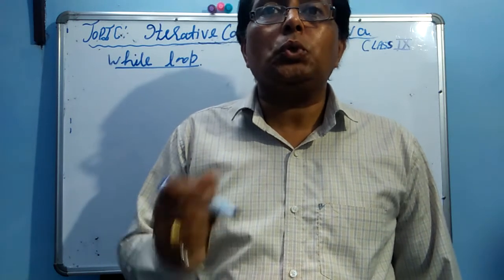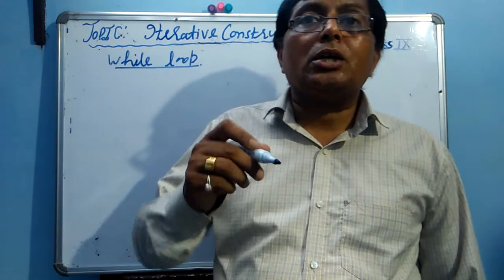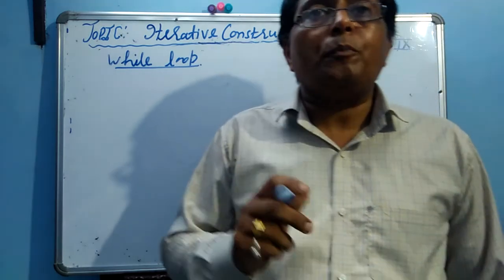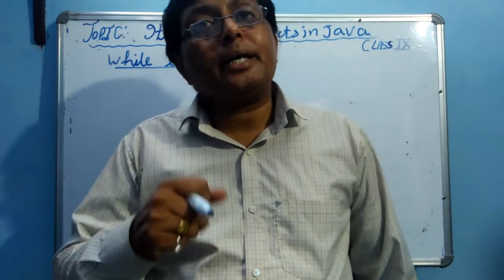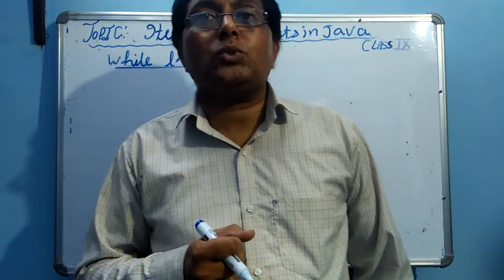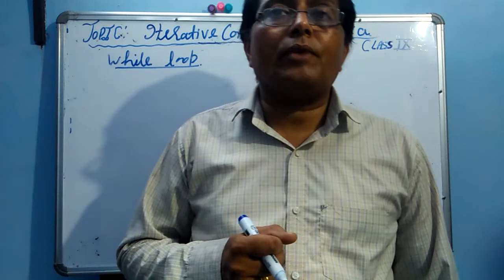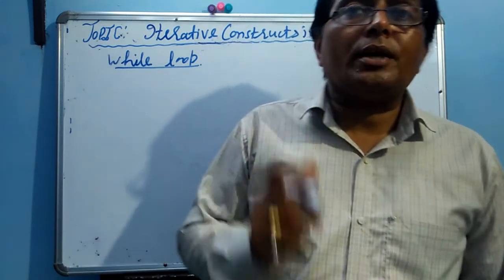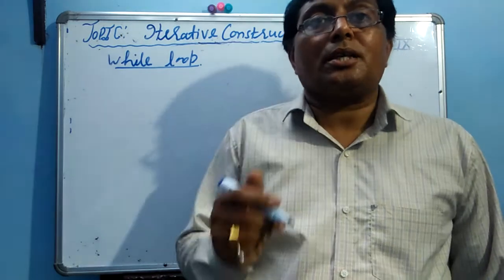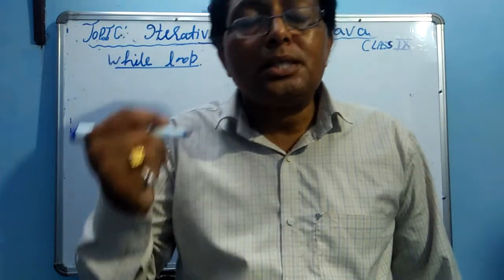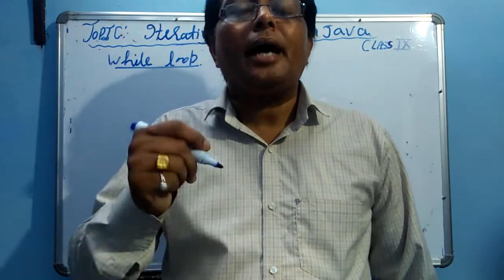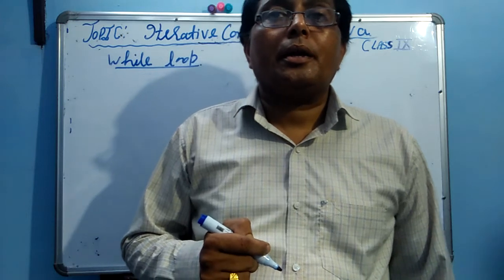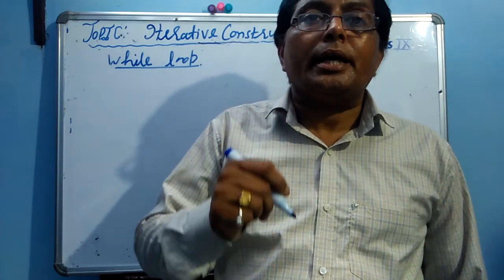If the condition is true, the control enters the loop for execution, otherwise it terminates the execution. This is the reason why a while loop is termed an entry control loop or entry restricted loop.